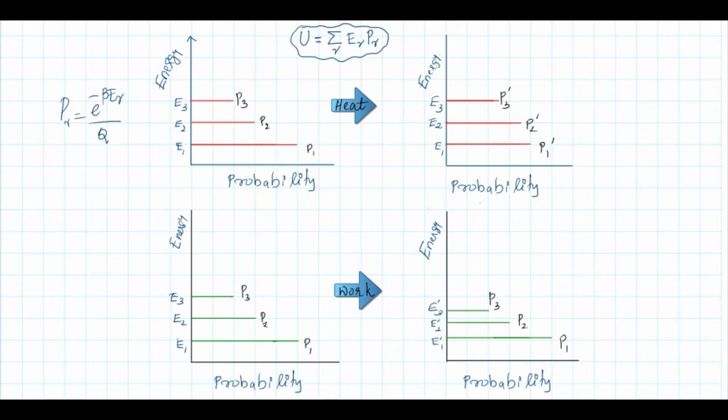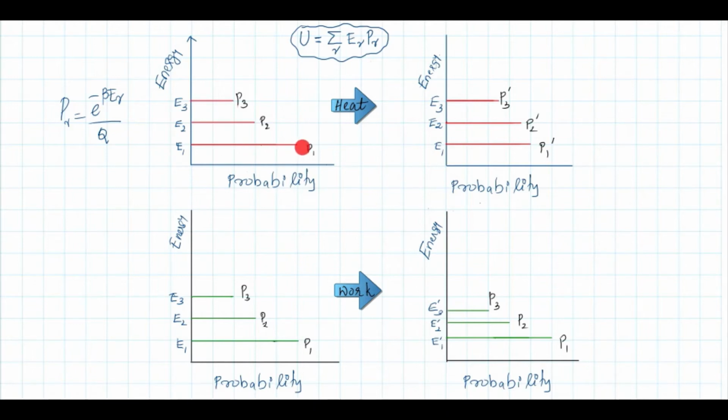Consider this plot. The lengths of these lines represent the probability values. Suppose the y-axis has energy values. Suppose you have a system having three energy values E1, E2, E3, in which E3 is greater than E2, which is greater than E1. The probabilities of finding the system in these energy levels are shown here.